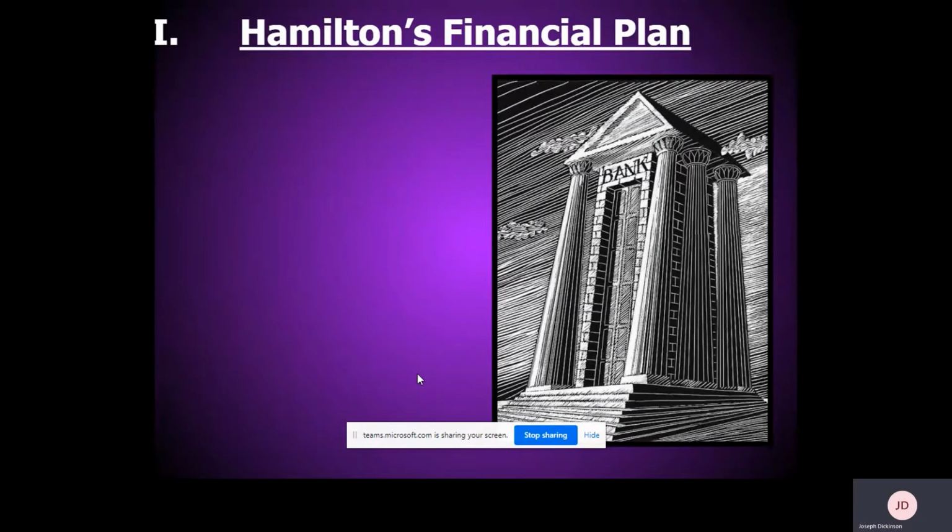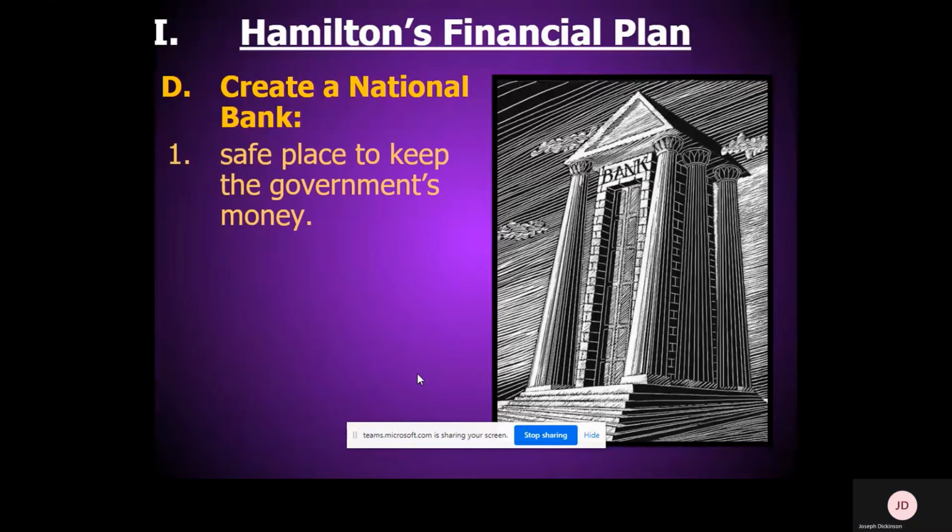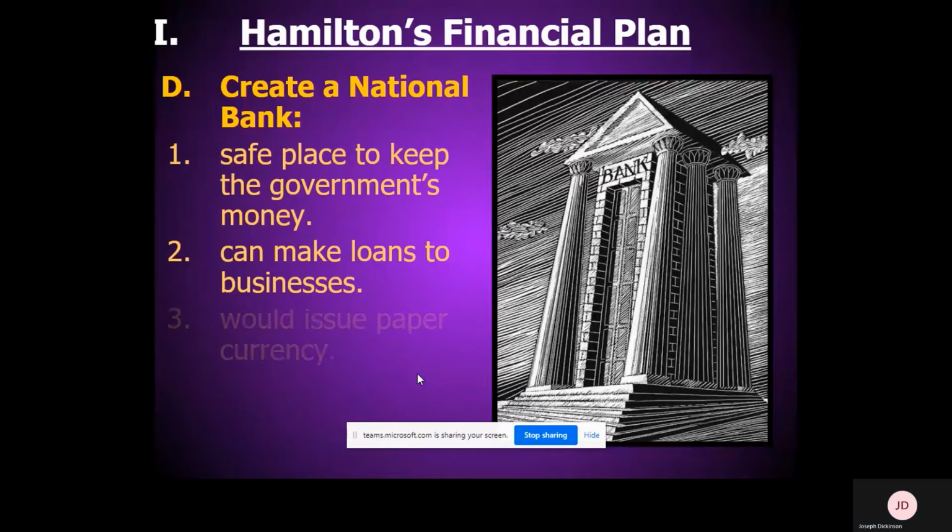All right, so it's a bank, obviously. So Hamilton's financial bank. Now, at the beginning of the lesson, we talked about a federal bank, and that's exactly what's going to happen. We're going to create a national bank. This is for the federal government to be able to have a bank throughout the whole United States. It's a safe place to keep the government's money. It can make loans to businesses and would issue paper currency.